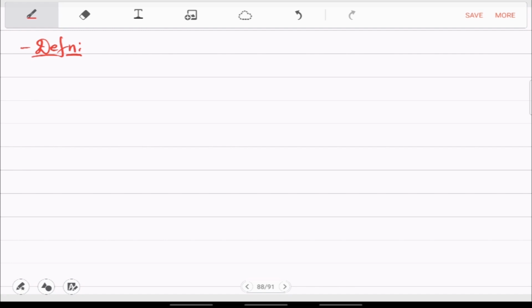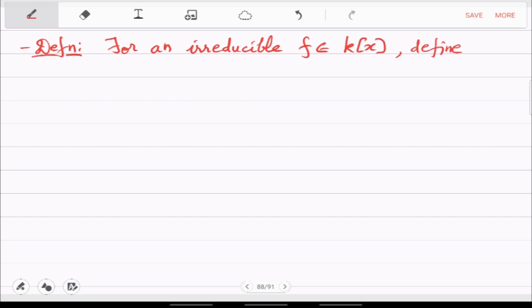For an irreducible f in the polynomial ring, define a subring of K, we will call it R_f.